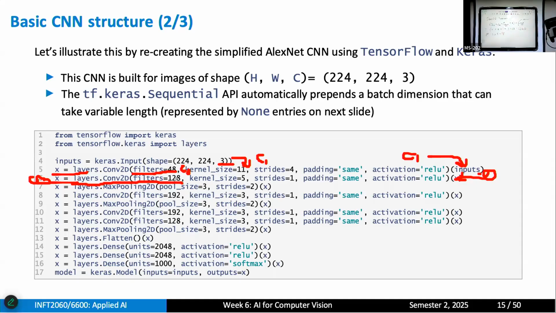Okay, so for this input, the channel is 3, right? For this X, line 5 X, the channel is 48, right? And for this, the channel is 128.